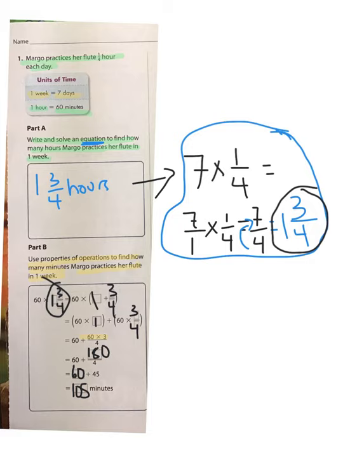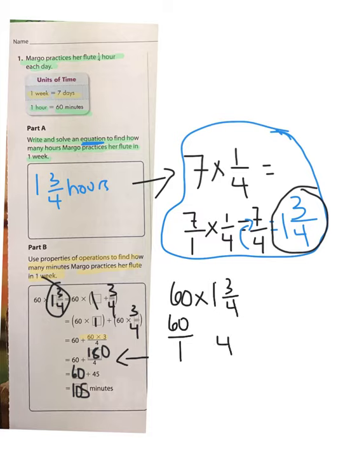If you want to do it your own way, you can just do 60 times 1 and 3/4. And then just do it the way that we practiced it. If this way is confusing, you will still get the full credit. So you can put 60/1, and then we're going to change this fraction.